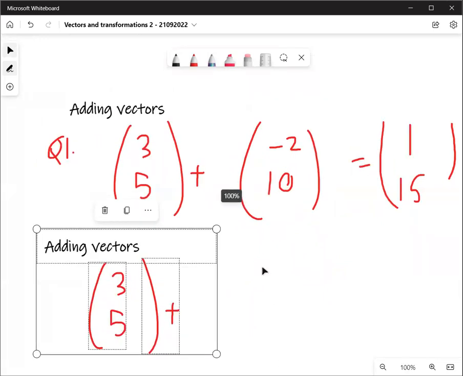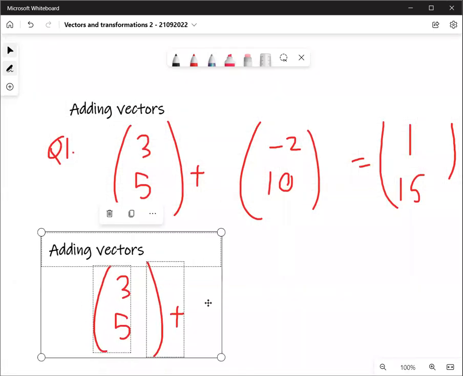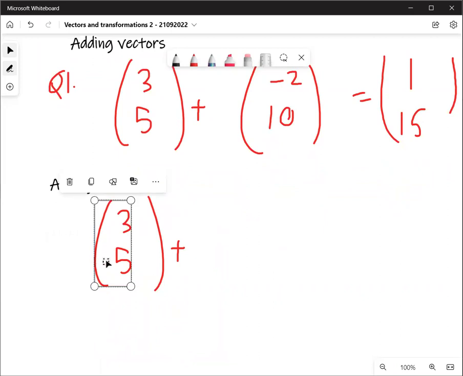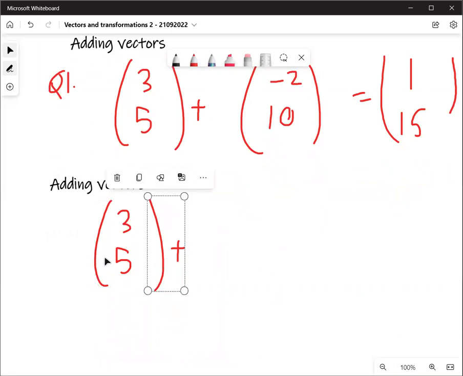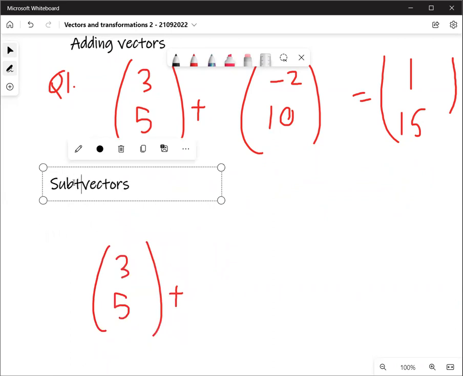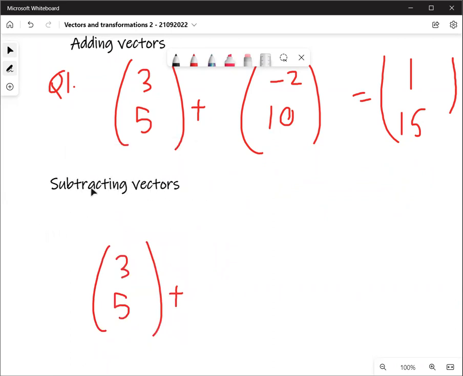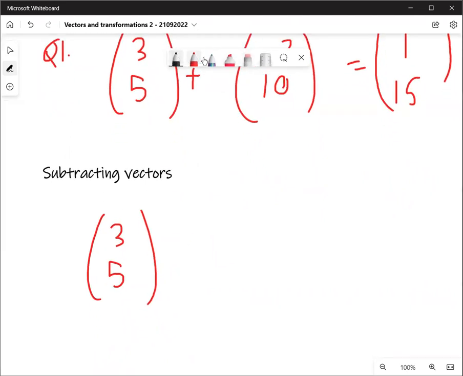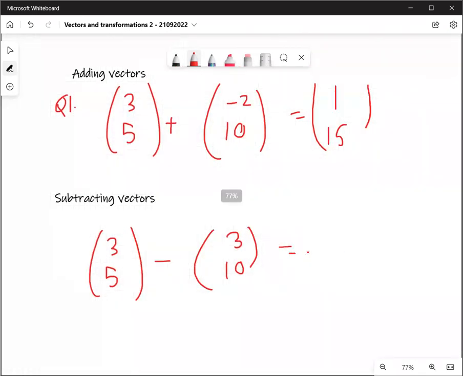We're looking at something different, which is subtracting vectors, which is minus, let's say 3, 10. Answer?